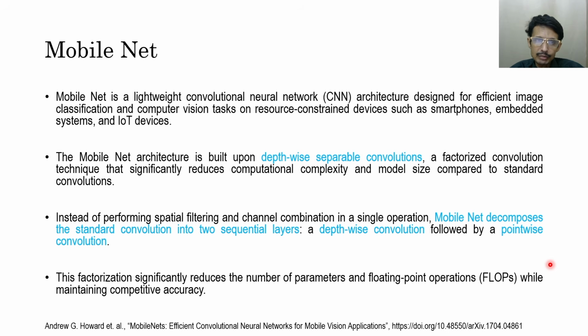Instead of performing spatial filtering and channel combination in a single operation, MobileNet decomposes the standard convolution into two sequential layers: a depthwise convolution followed by a pointwise convolution.